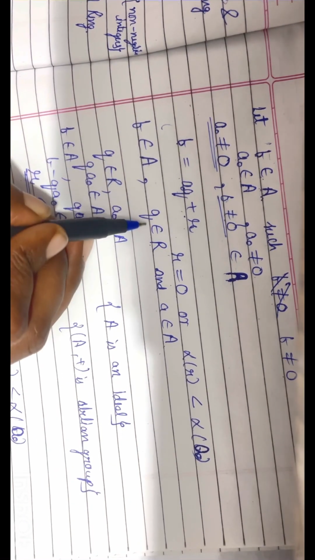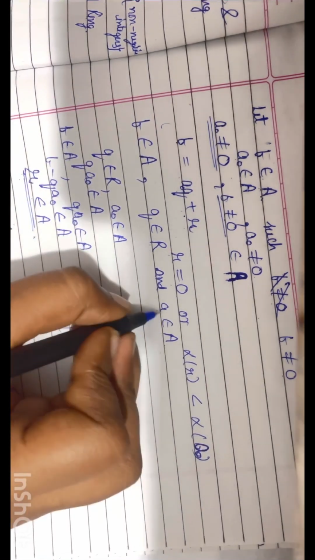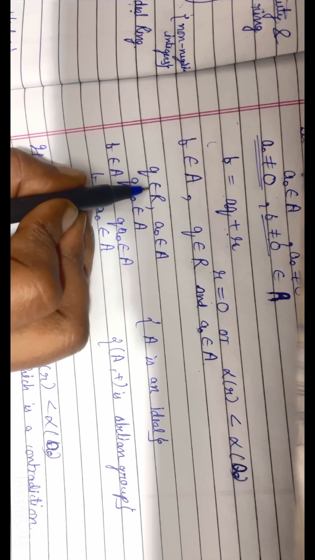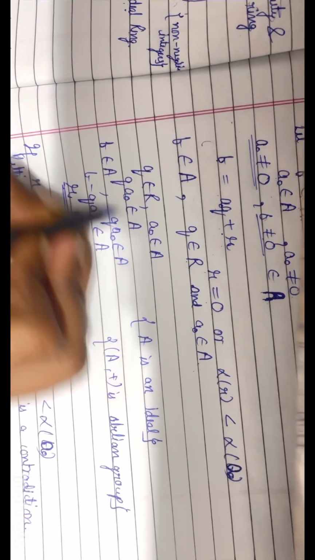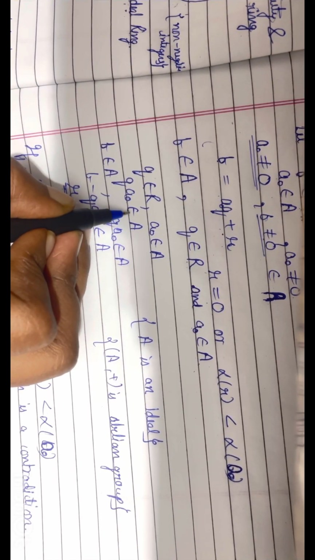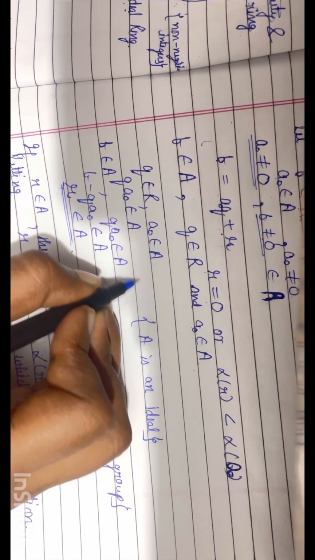B belongs to A, Q belongs to R, and A naught belonging to A. Here Q belongs to R. Already we know A naught is belonging to A. Then an element Q A naught may be defined which belongs to A, because A is an ideal. This is by the definition of ideal.